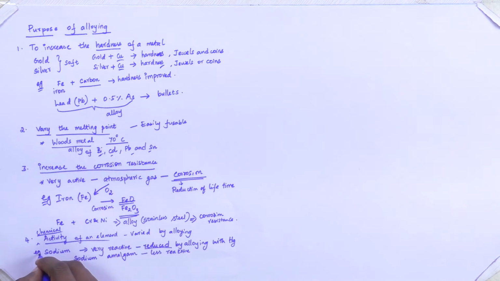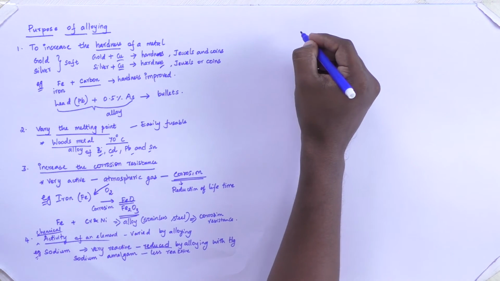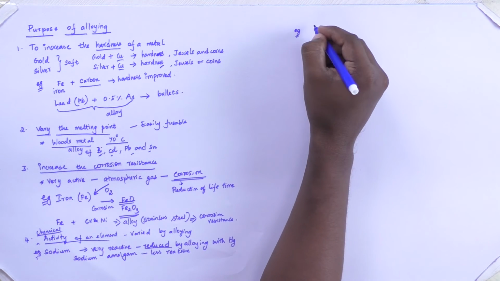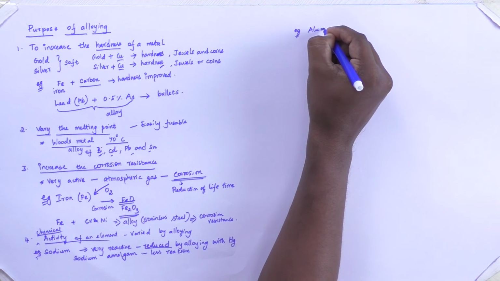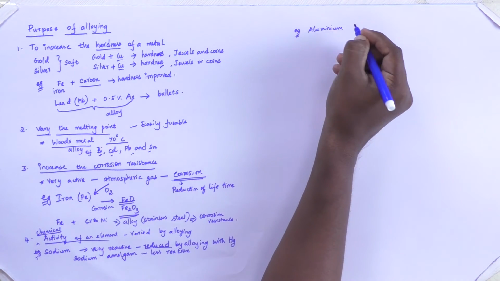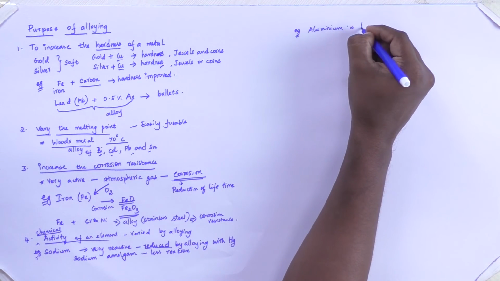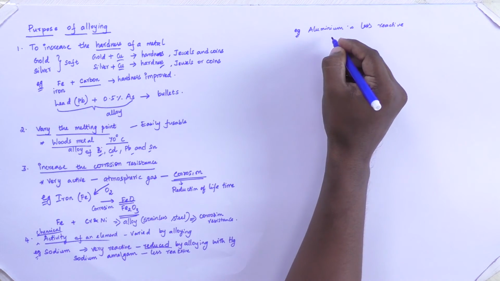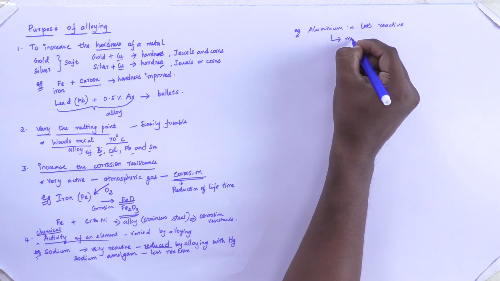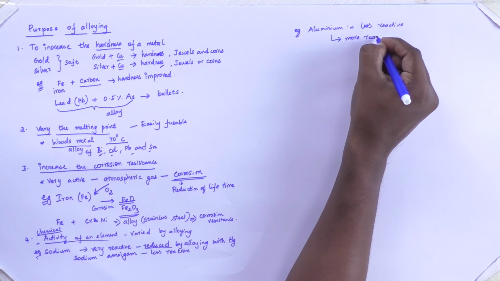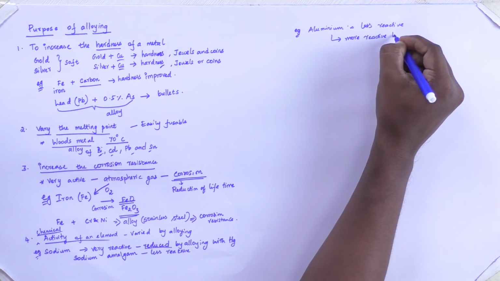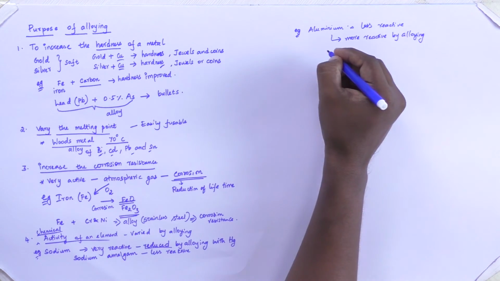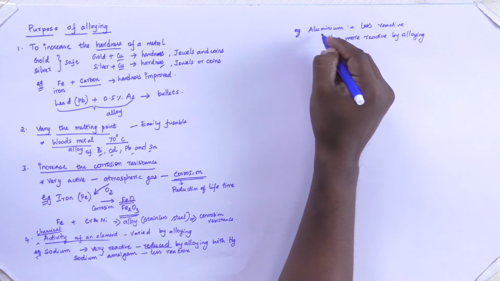In a similar way, we can also make an element like aluminium, which is less reactive, into more reactive by alloying.